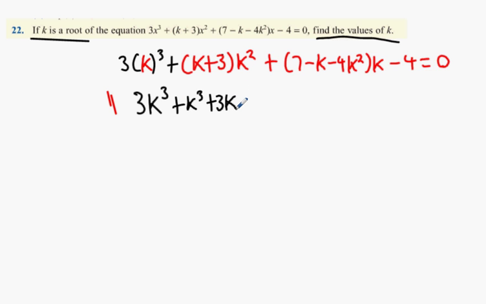Minus 4k cubed. 4k minus 4 equals 0. Now, let's underline any k cubes we have. Cancel. Let's underline any k squared I have. 2k squared, yeah. And then we have 7k, yeah.